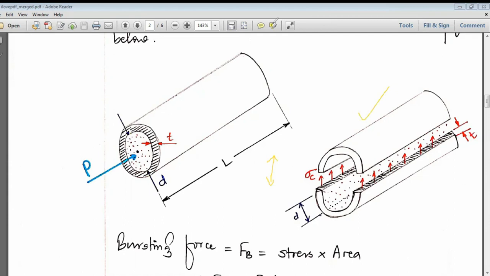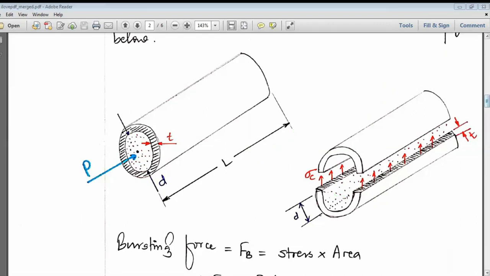There are two forces which come into the picture. One is the bursting force, caused by the fluid present inside the cylinder, which will be trying to push or burst the cylinder in this direction. I call it the bursting force. We know that force is stress into area.